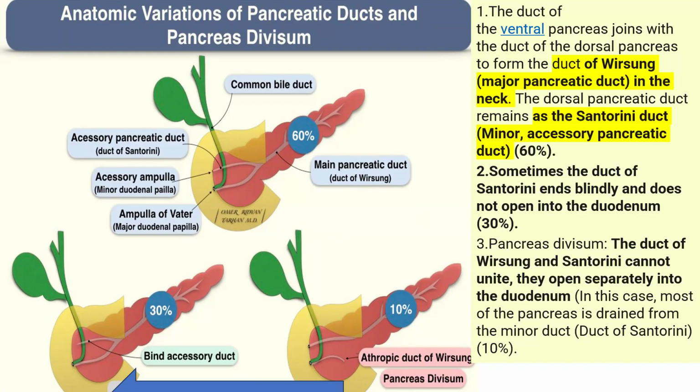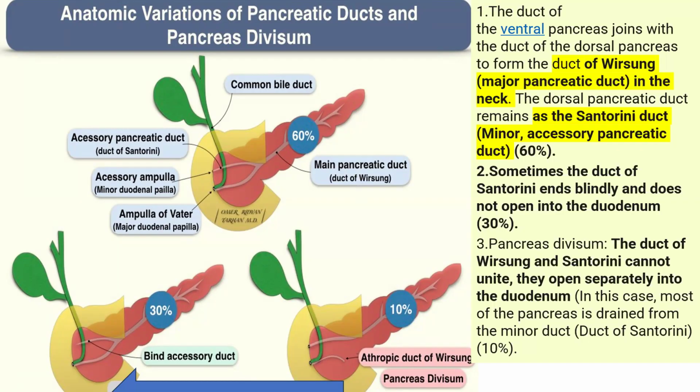In the first case, the duct of the ventral pancreas joins with the duct of the dorsal pancreas to form the main pancreatic duct, and the main pancreatic duct is called the duct of Wirsung. It is present near the neck region of the pancreas.